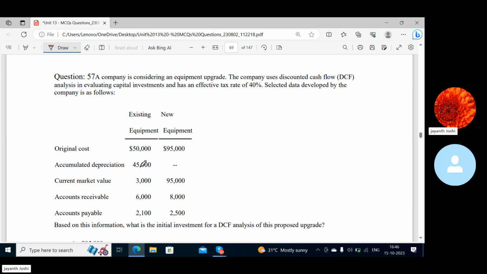There are three things you should know when you are finding out the initial investment amount.